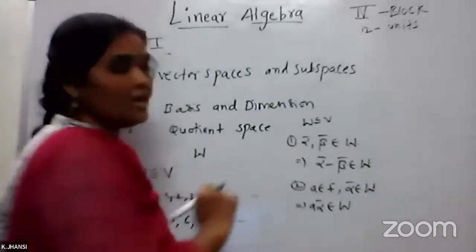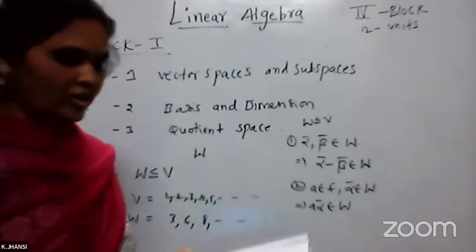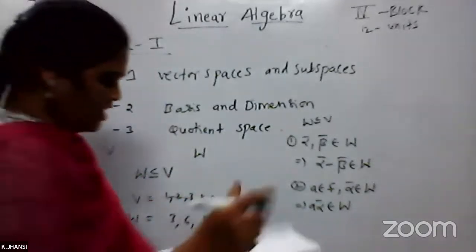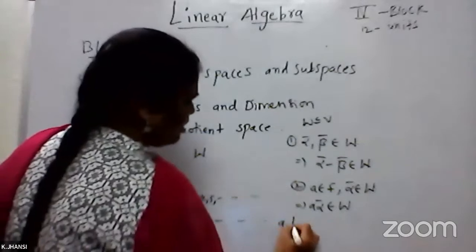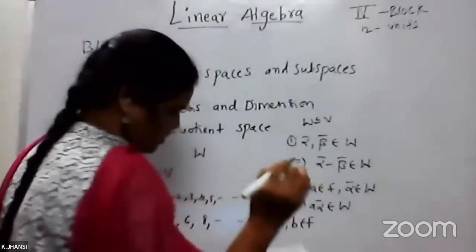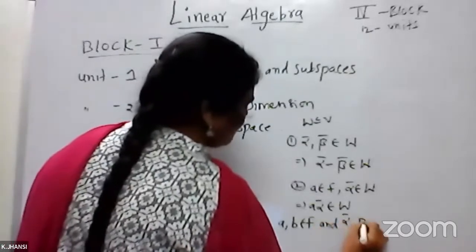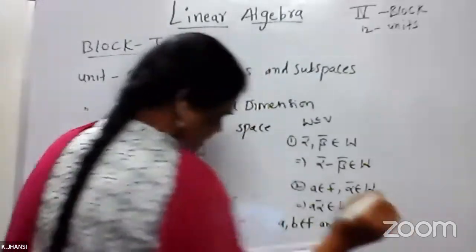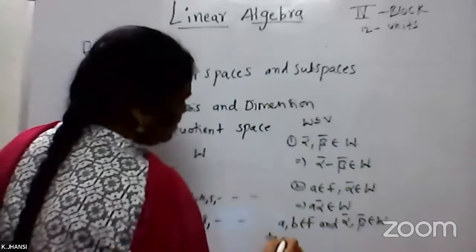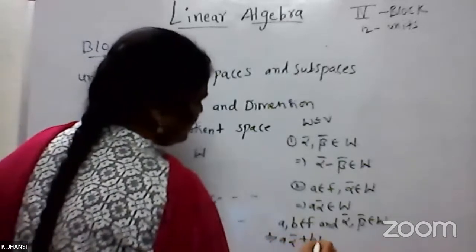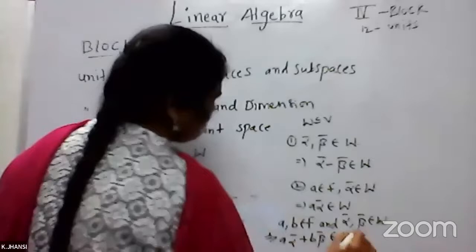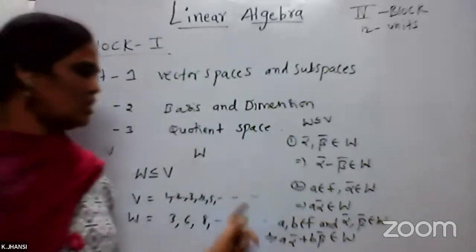And you have one theorem also in your textbook. In that theorem, the condition is: A comma B, if they belong to F, and alpha bar comma beta bar belongs to W, then A into alpha bar plus B into beta bar belongs to W. So this is also a third one.